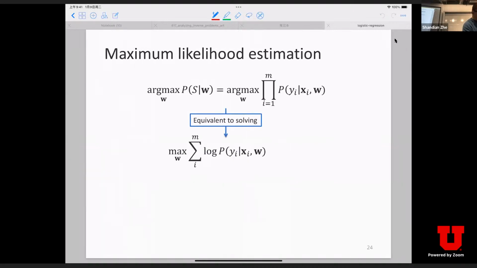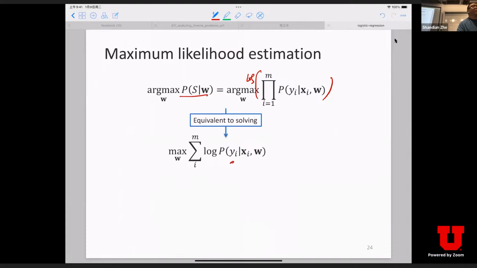So maximizing the likelihood of the whole data is equivalent to maximizing the log likelihood. If you take the log likelihood over this product, our objective becomes a summation of the log likelihood of each label given xi and given current model parameters w.